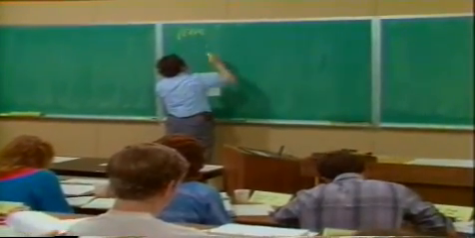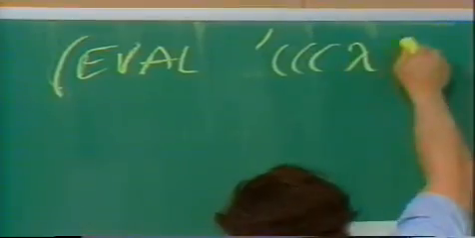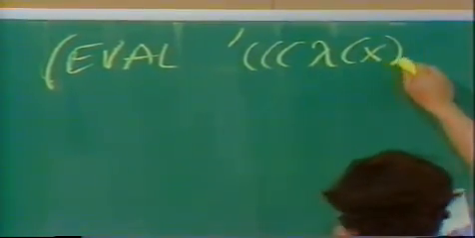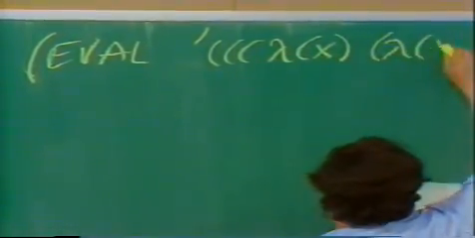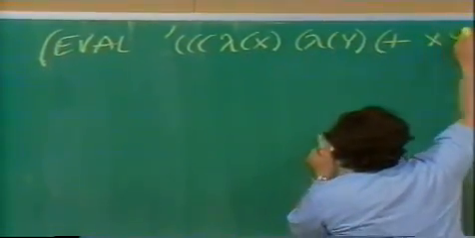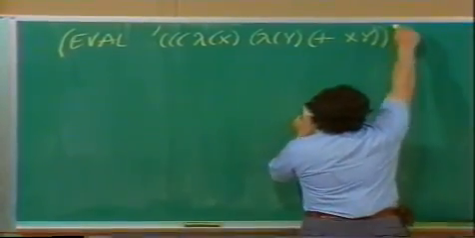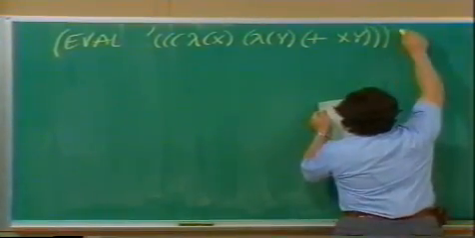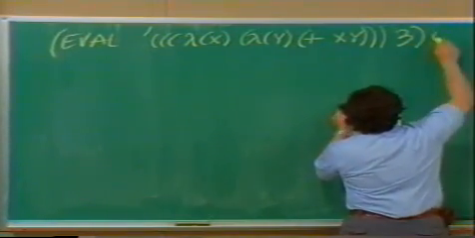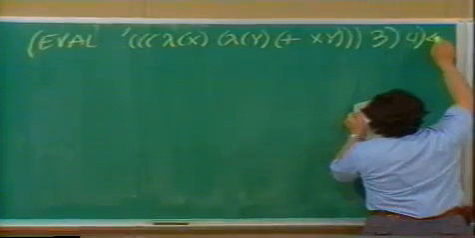of, quote, open, open, open, lambda of x, lambda of y, plus x y, close lambda, close lambda, applied to 3, applied to 4, in some global environment which I'll call E0.